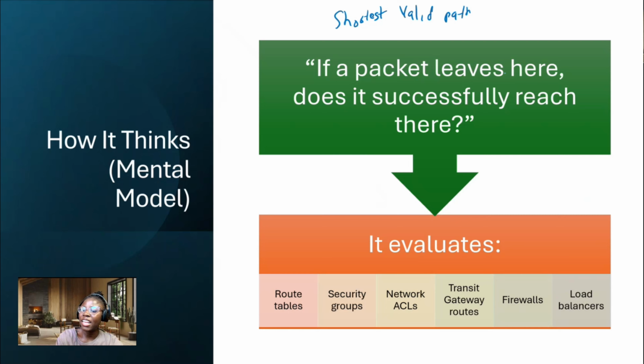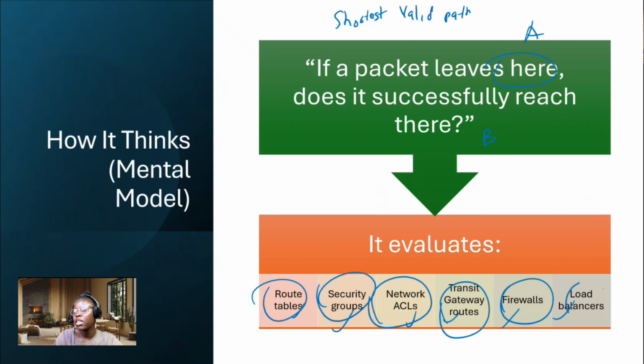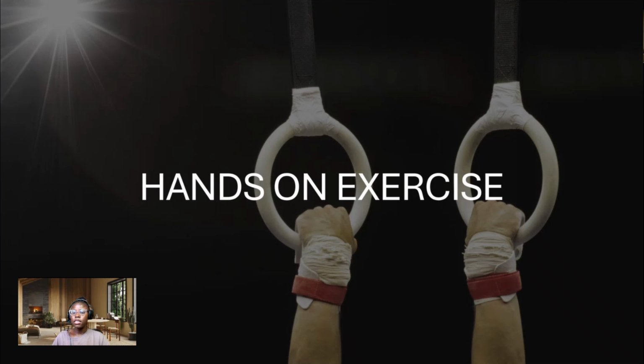So if a packet leaves point A, does it successfully reach point B? As I mentioned, these are just some of the things it's going to evaluate: the route tables, security groups, access control lists, the transit gateway routes, firewalls, load balancers, among others. So enough talking. I think it's pretty self-explanatory, so we can go into the hands-on exercise.